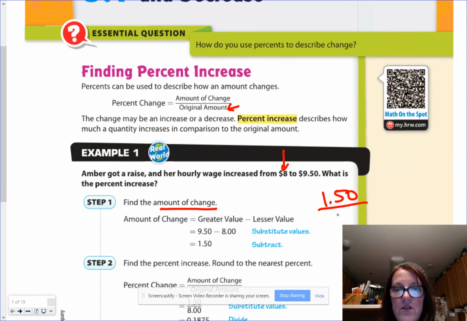That was $8. Grab your calculator and take $1.50 divided by 8. Once you get that decimal, turn it into a percent, which means multiply by 100, which means move it two spots to the right.